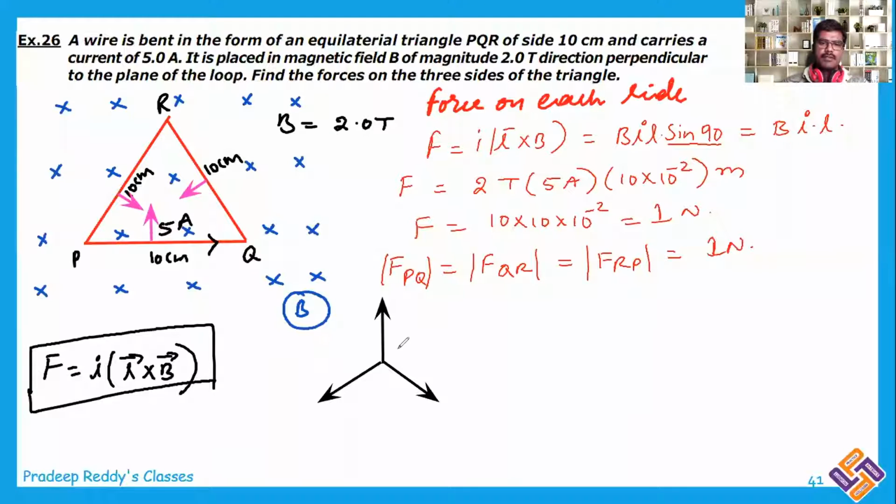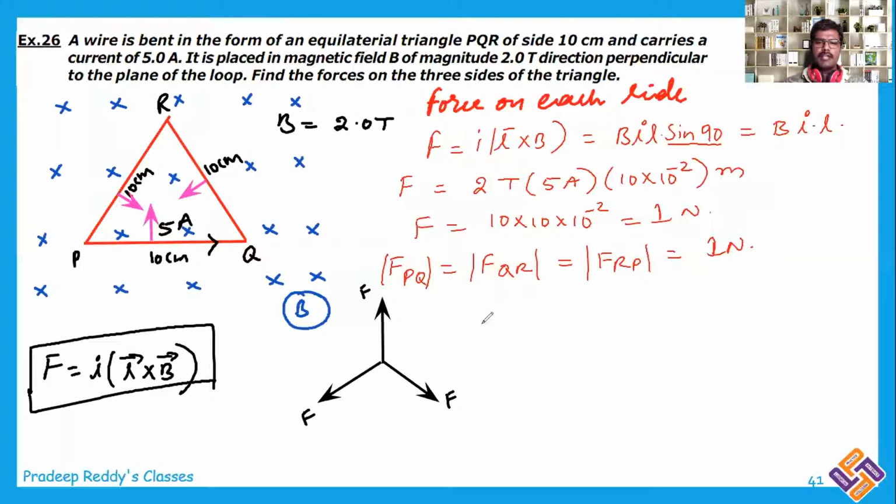The magnitude of each is F, and the angle is 120 degrees here, here, and here. If it is three dimensional, it will be 120, but here it is two-dimensional, so you need not take the angle as 120. So this is the force overall acting on the loop.